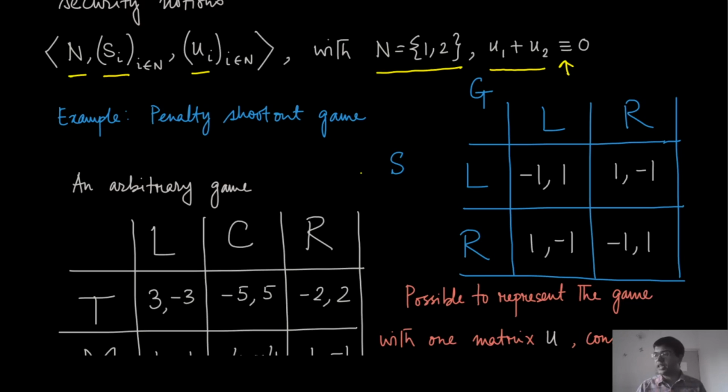Quite naturally, when the shooter shoots to the left and the goalkeeper jumps to the left, the shooter gets a -1 utility and the goalkeeper gets a +1 utility. Now this is a two-person zero-sum game. Two-person because there are only two players, the shooter and the goalkeeper, and zero-sum because at every outcome of this game, the sum of the utilities is 0.